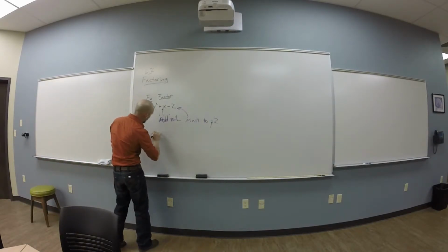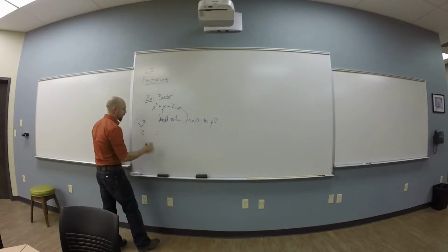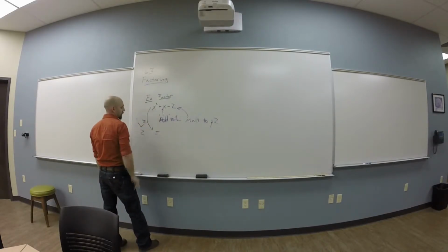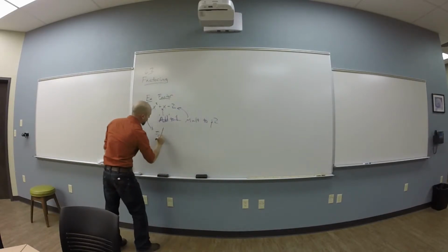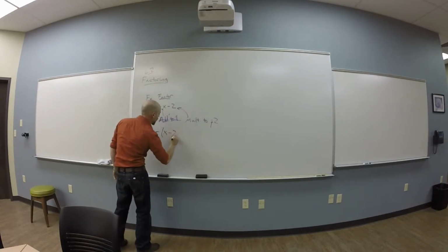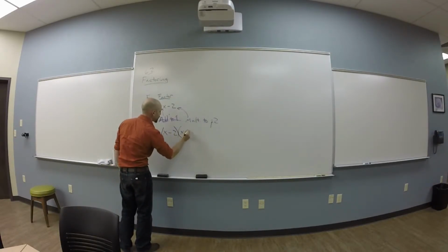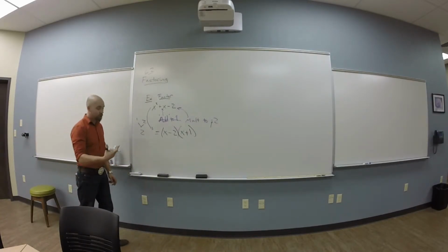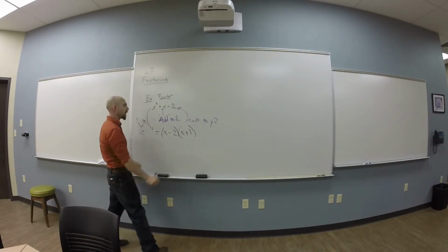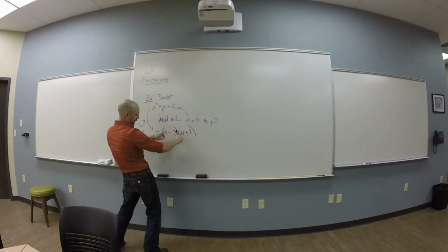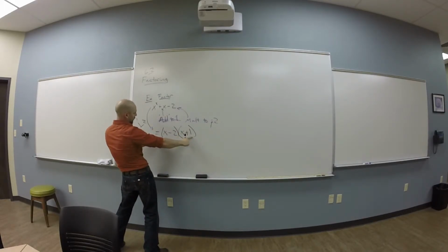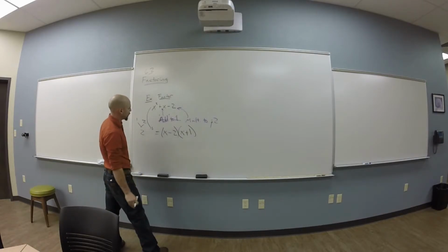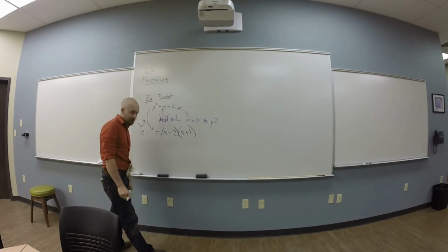So I might think, all right, I can factor this as x minus 2 times x plus 1. I should check it by foiling. I've got minus 2 x's here and 1 x there. Oh, whoops, I messed it up. You guys see that?